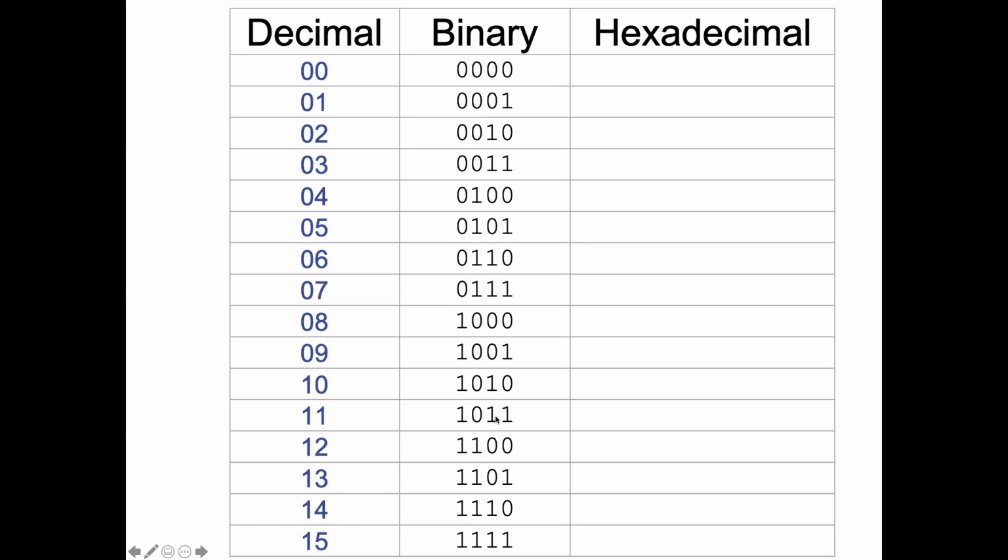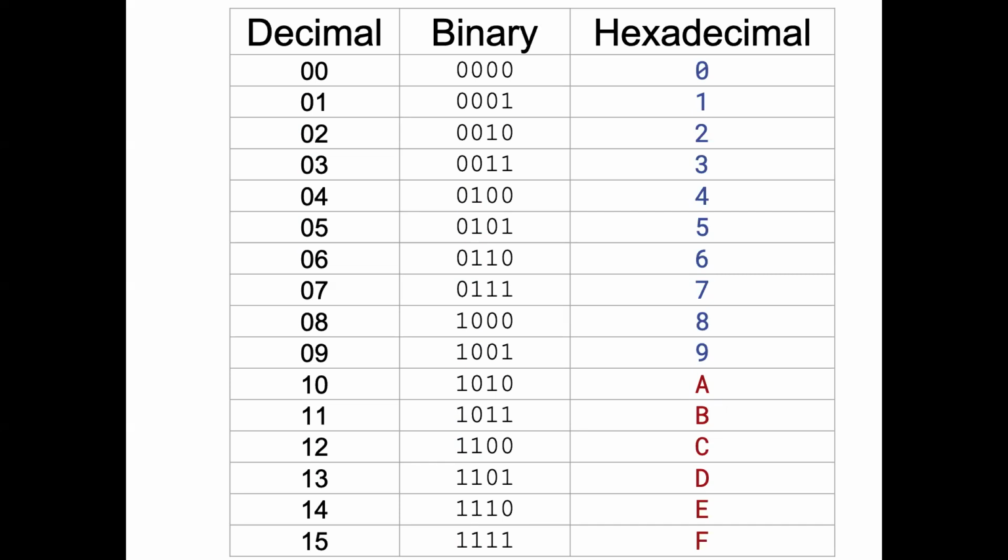For instance, 1011 is worth 11. But if we had to write down a symbol for these, we run out of decimal digits after 9. So for hexadecimal, we'll use the first 10 decimal digits, 0 through 9. And then, as you know, we'll start using letters after that. To write down a single symbol to represent 10, we'll use A. B will be our name for 11, C for 12, D for 13, E for 14, and F for 15.